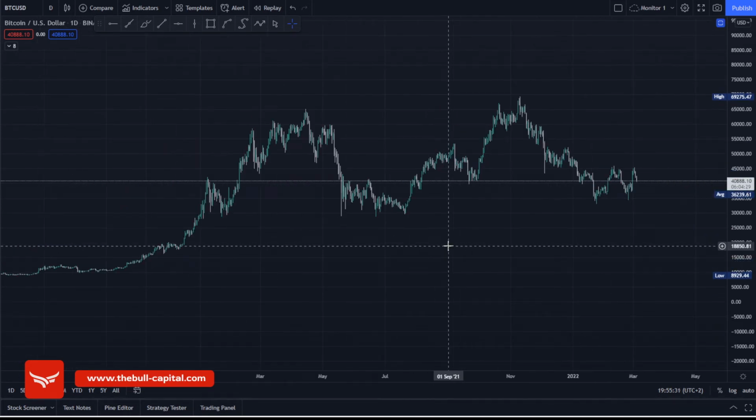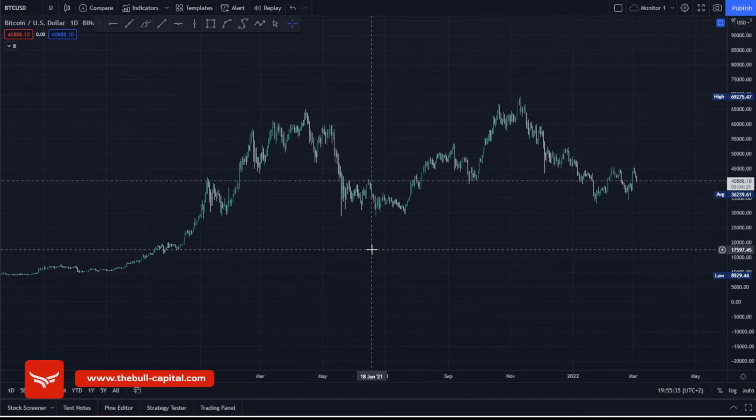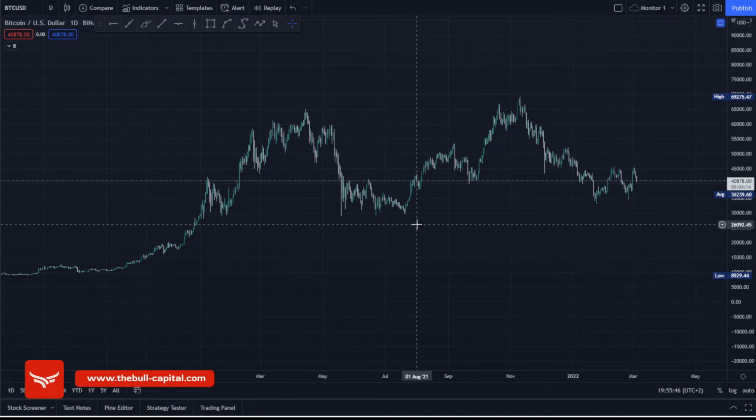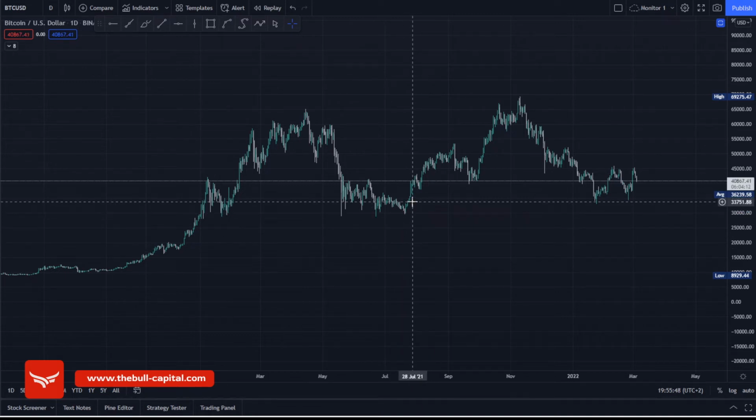So it's important to understand time frames, to know on which time frame you want to trade. If you want to trade a whole swing, you can choose the time frame for that.